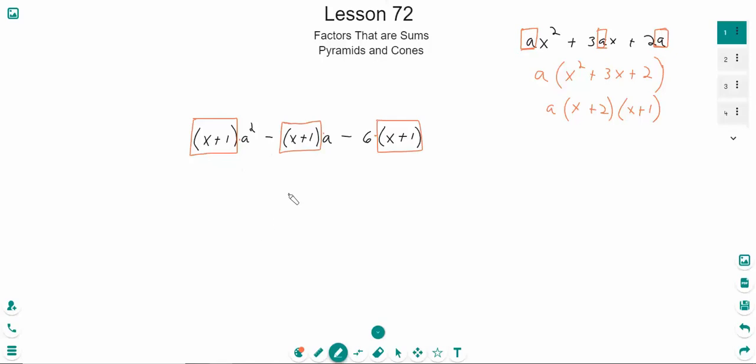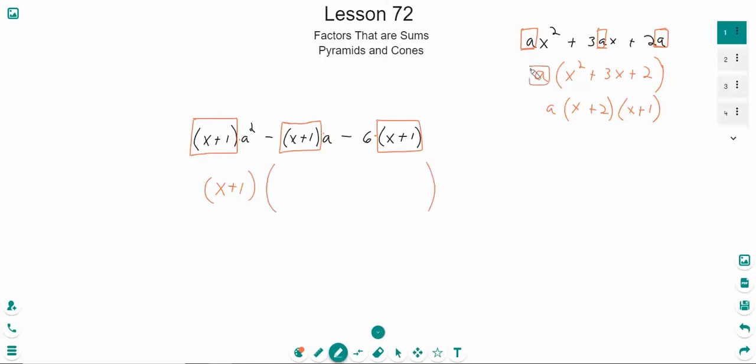And when it's a factor in each of the terms, we can pull it out, or we can divide it out, just like we did the a in this previous problem. It's just now we're factoring out a whole bucket, a parenthesis bucket, you might say, where we're just factoring out that whole thing. So what we're going to do is take that x plus 1 and set it outside of a set of parentheses, just like we did with this a over here.